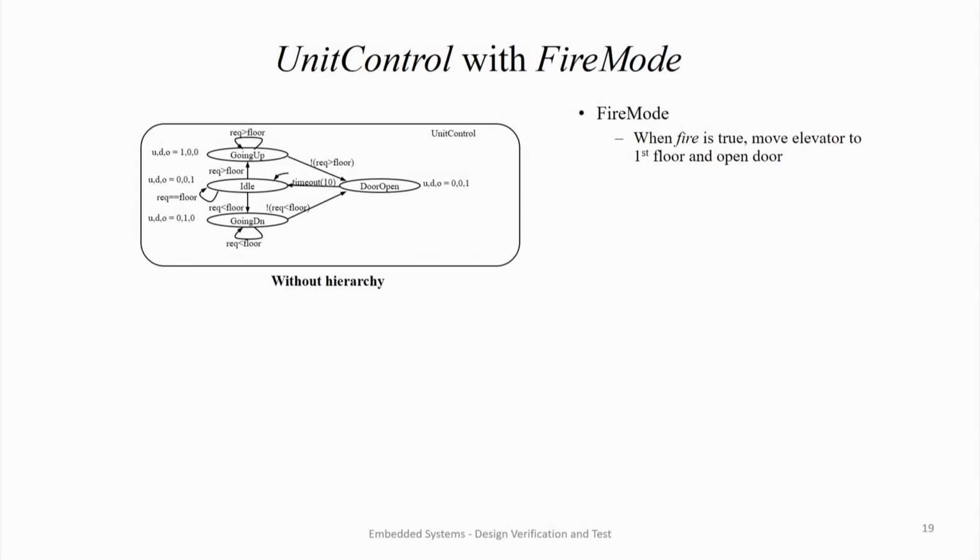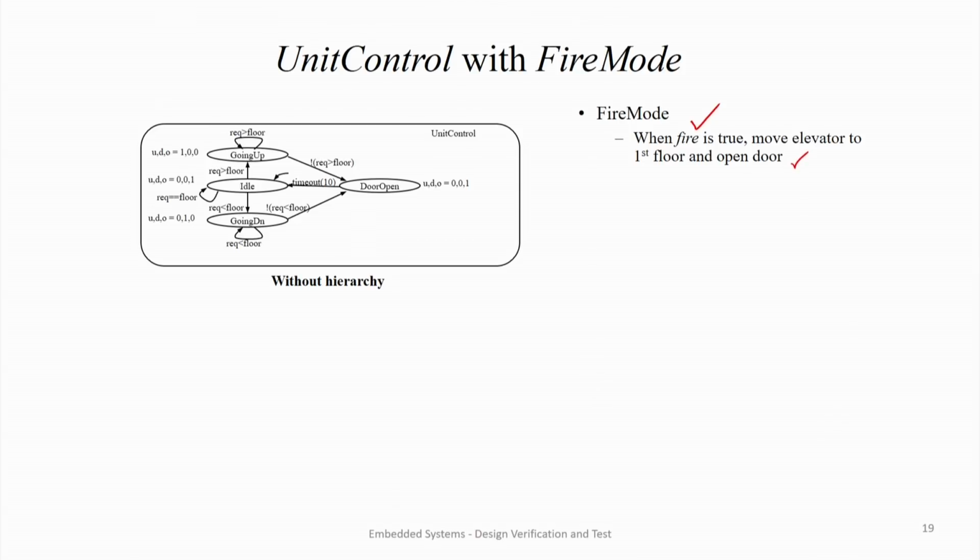To show an example which uses such hierarchy, we extend the specification of our elevator controller by one step. So, let us say that we have a fire mode, and when fire is true, we move the elevator to the first floor and open the door. This is what we have to do.